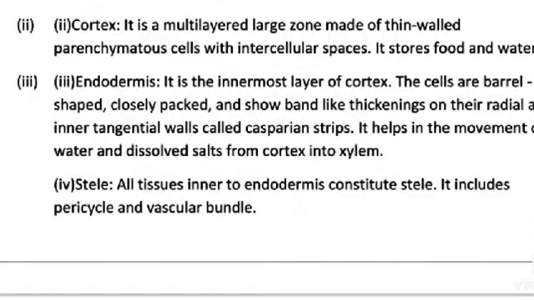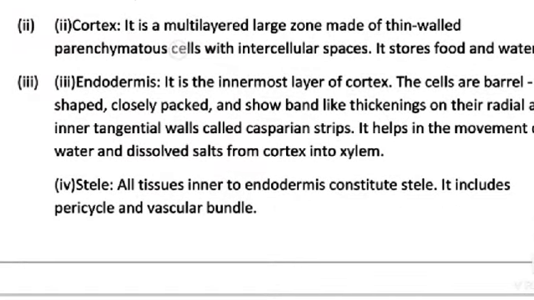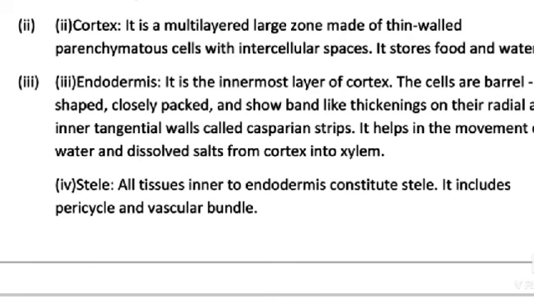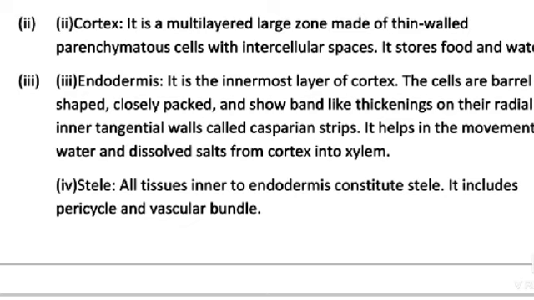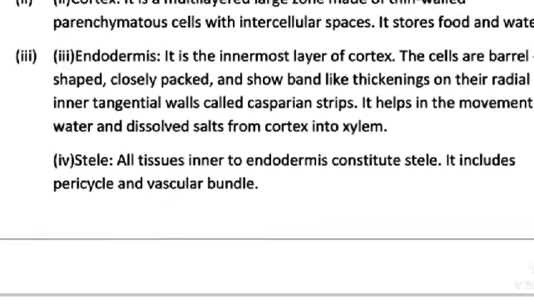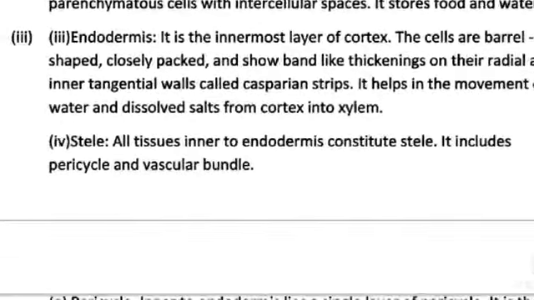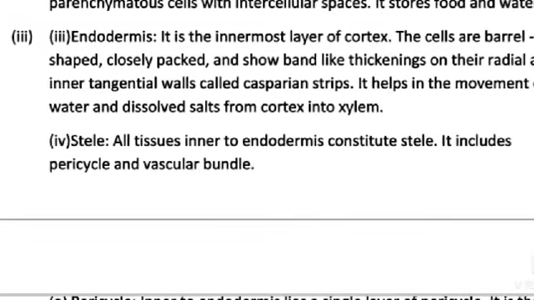Cortex. It is a multi-layered large zone made of thin-walled parenchymatous cells with intercellular space. It stores food and water. Endodermis. It is the innermost layer of the cortex.